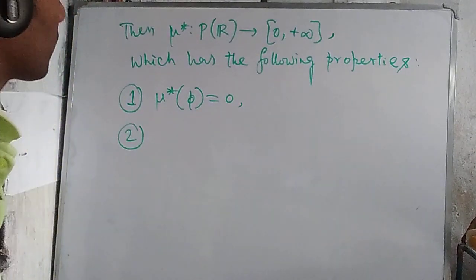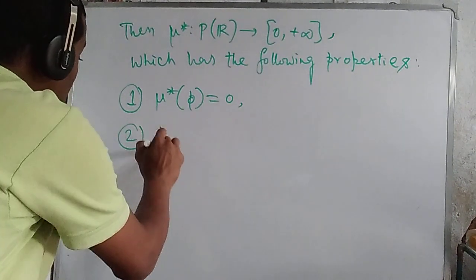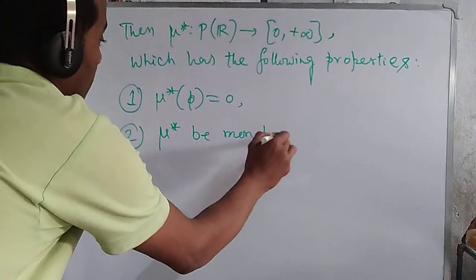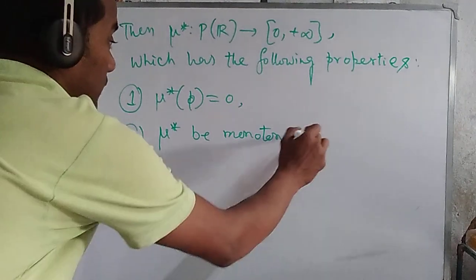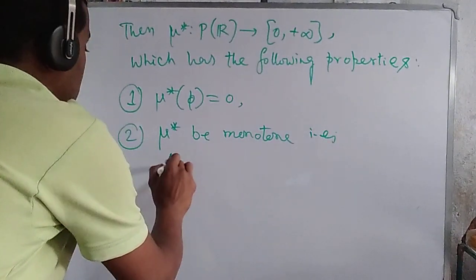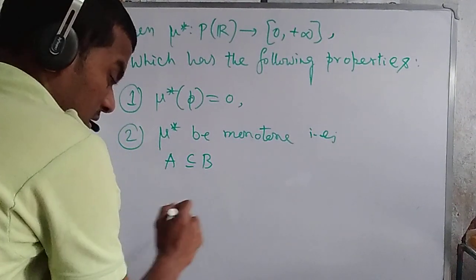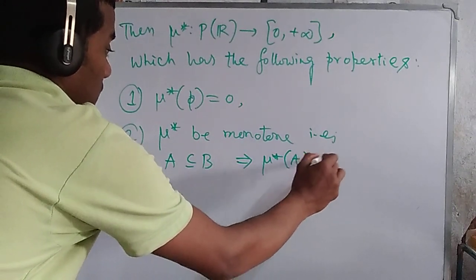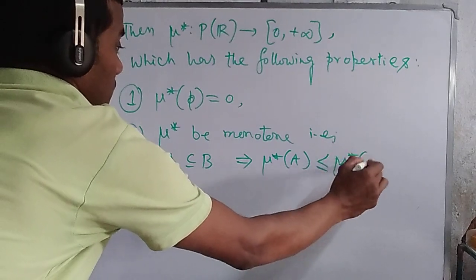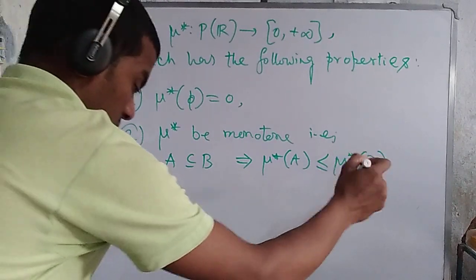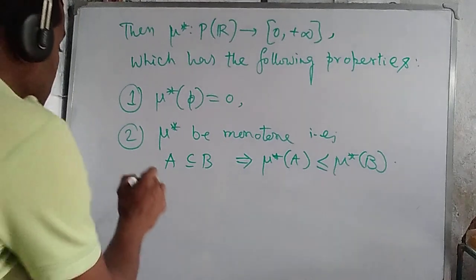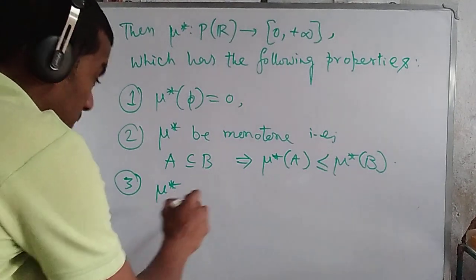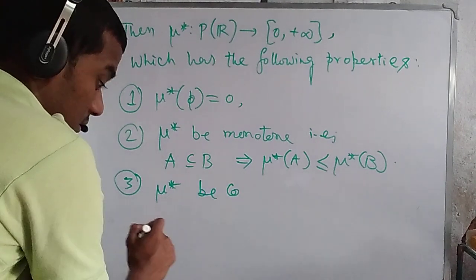Second, mu star is monotone, that is, A subset of B implies that mu star A is less than or equal to mu star B. Number 3, mu star is countably subadditive.